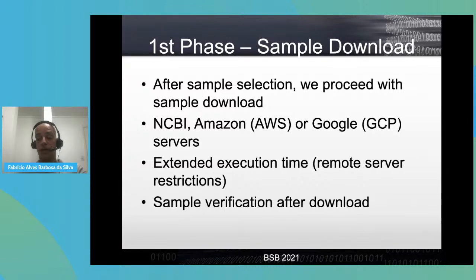So we are now experimenting with some new algorithms to speed up the downloading process. And of course, after downloading, we do sample verification in order to verify if the file was correctly retrieved.